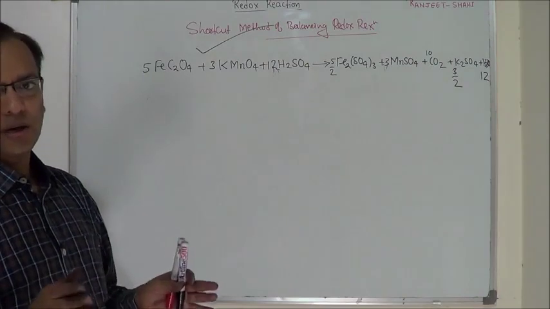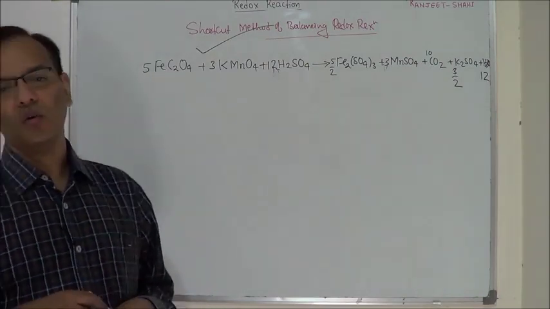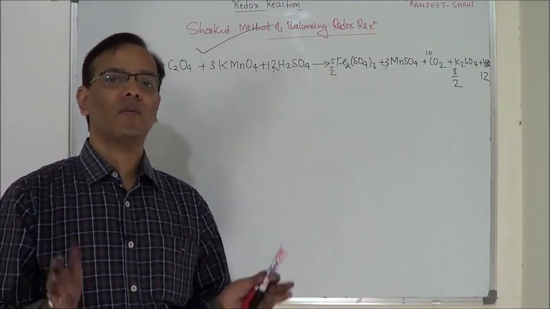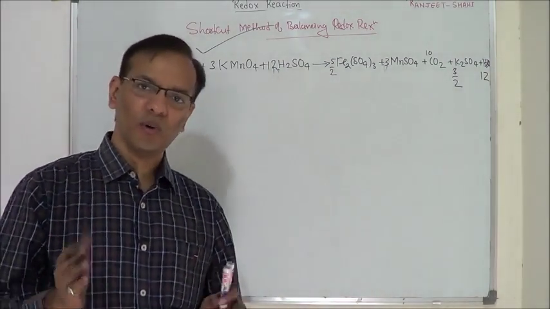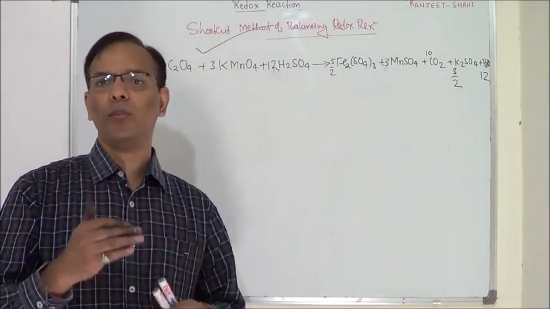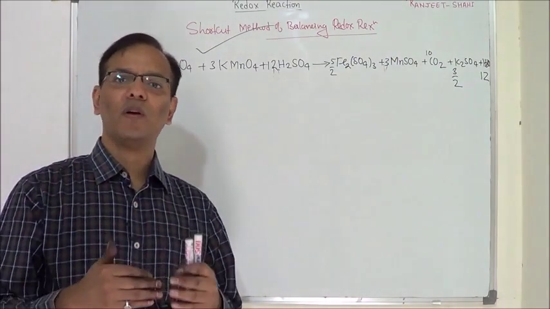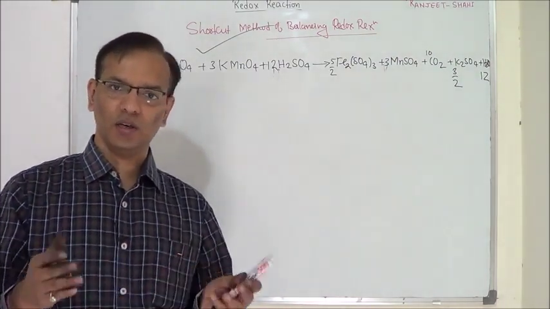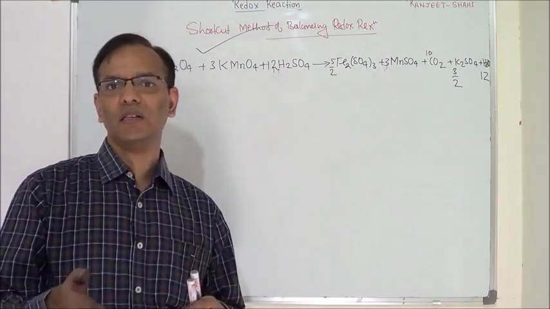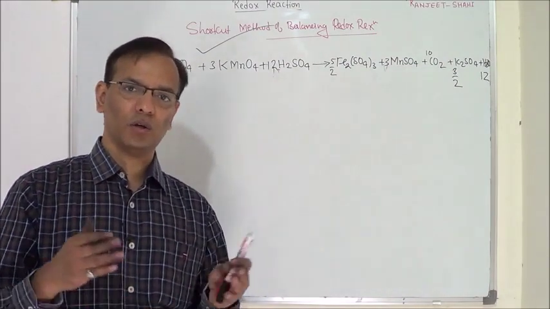So in the next lecture of redox reaction, we will be discussing the real stuff of redox reaction, that is stoichiometry of redox reaction, how we manipulate the stoichiometry of a redox reaction using the concepts of equivalence and normality, and then at the end redox titration.